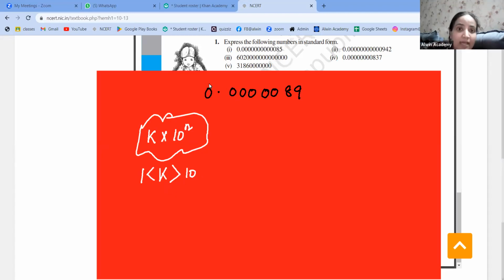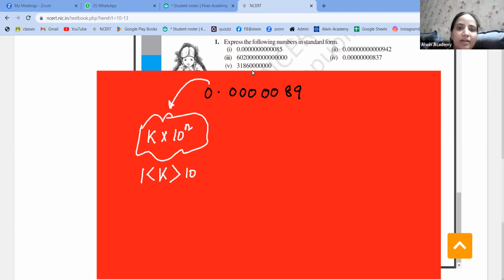To make my question look like this, I'll have to move this point to the right by 6 steps. Why 6 steps? Because if I land my decimal point here, this will still be 0.0089, which is very small than 1, right?